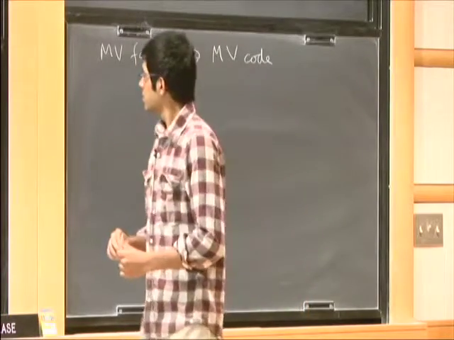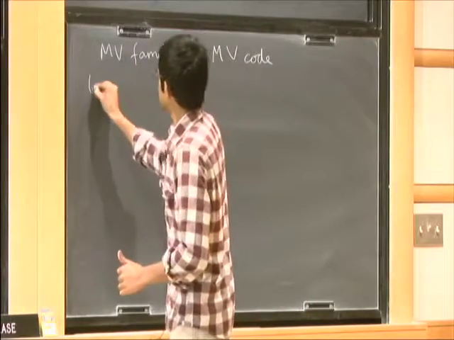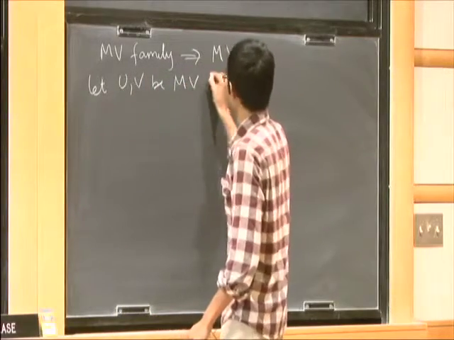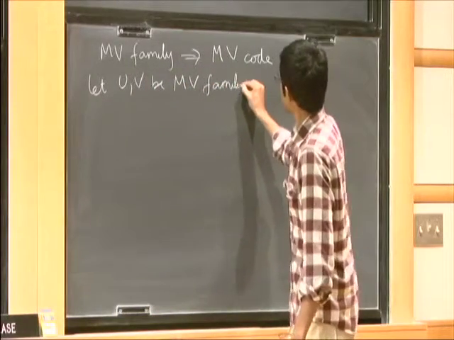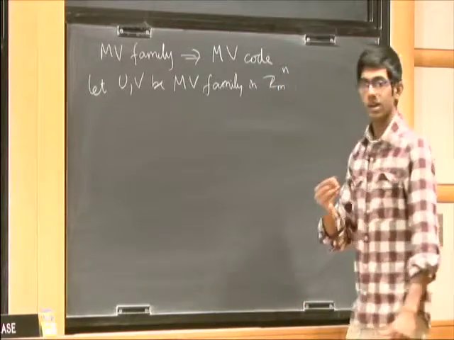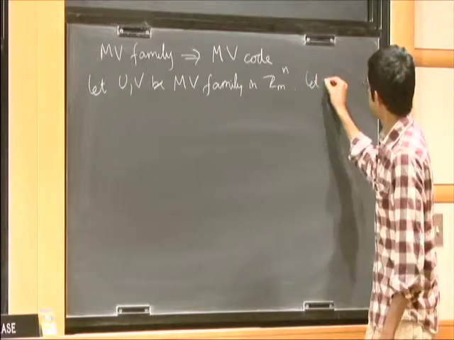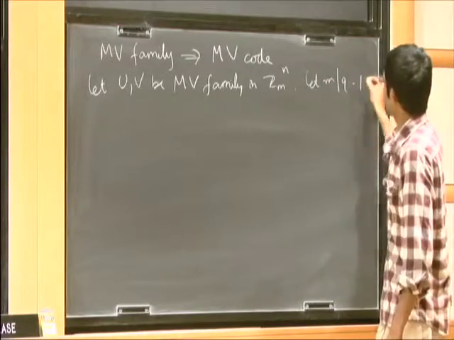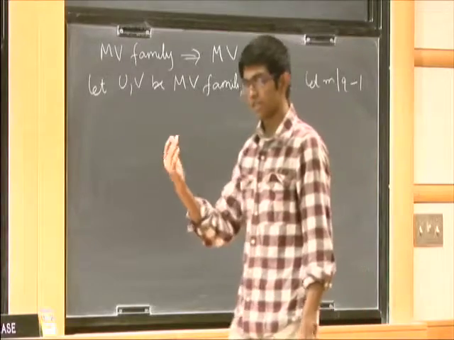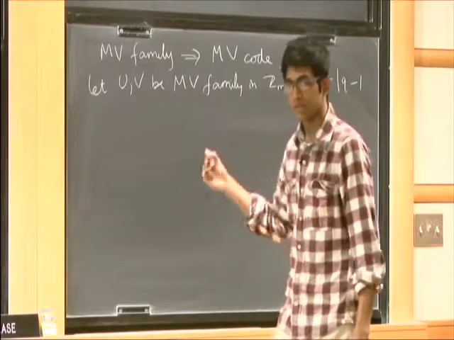Okay. So let U, V be a matching vector family in Z_m^n. And let m divide q minus 1. You'll see why. q is the F_q that we are going to work on.